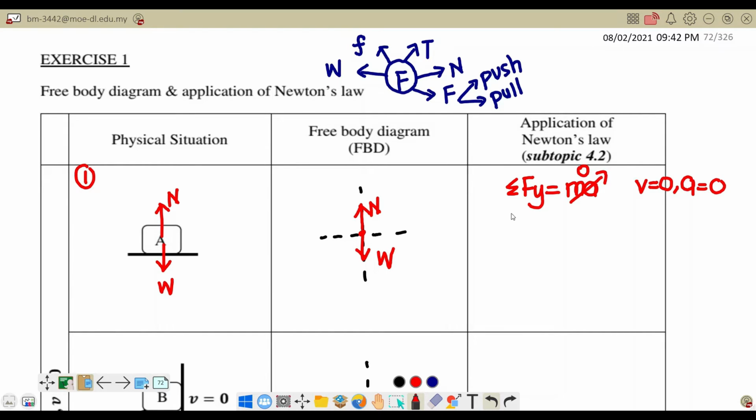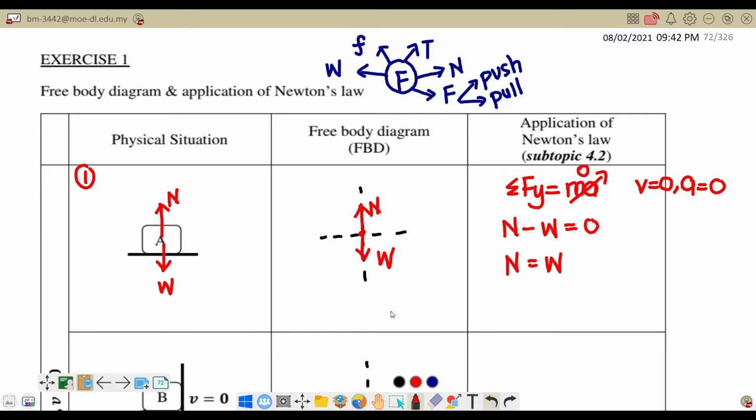So now we write normal force N, because it's acting upward, minus weight, because weight is acting downward and negative, equals 0. Therefore, normal force is equal to weight.